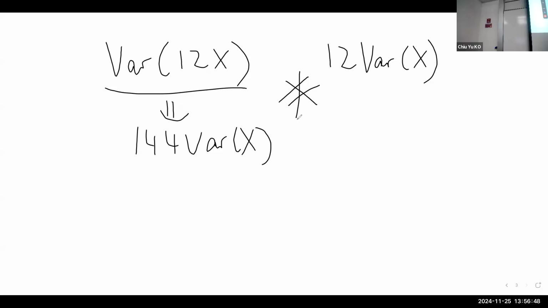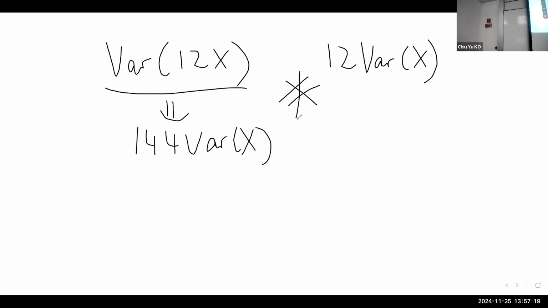Now look at the other side. If you invest in 12 different stocks and they're uncorrelated, the variance is just multiplied by 12, so it's much less than 144. That's why we say diversification: you don't put all your eggs in the same basket. If you put 12 eggs in one basket, either it goes well or it breaks, so it can have huge variance.